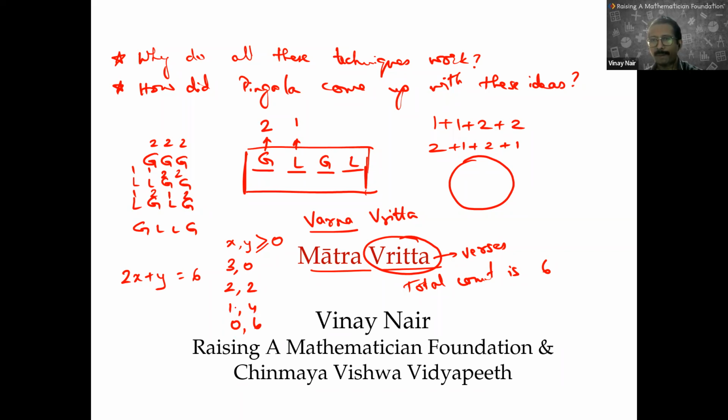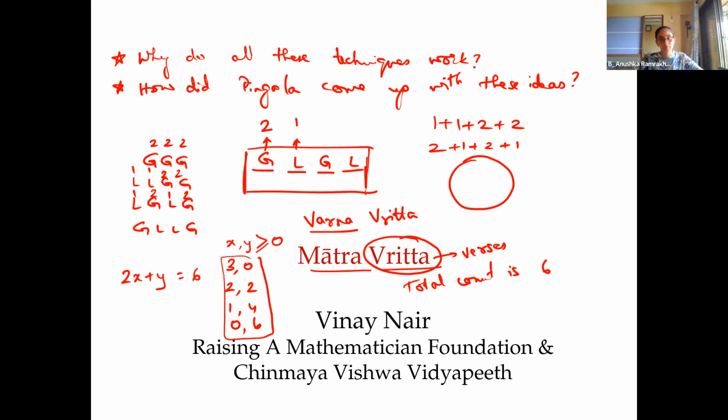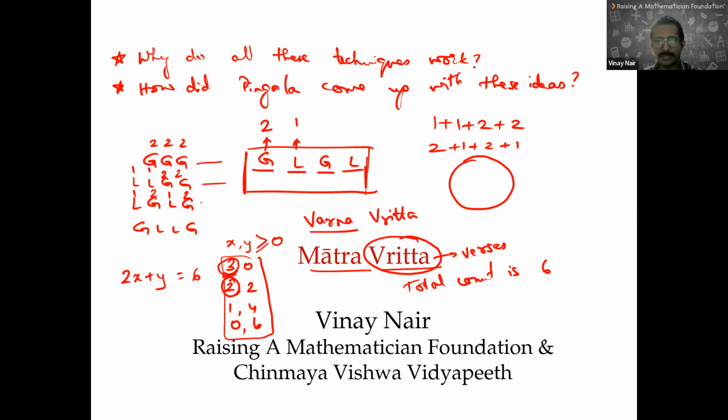Right, Anushka? Yeah. In this particular example, this would mean that there are certain cases where you have 3 G's, certain cases where you have 2 G's, and maybe even more, and certain cases where you have 1 G and so on, right? Okay. So all of you said a lot of good things. I saw some messages on chat as well.